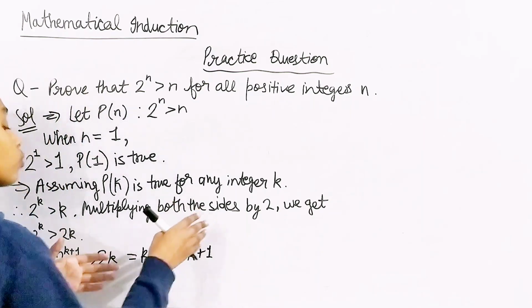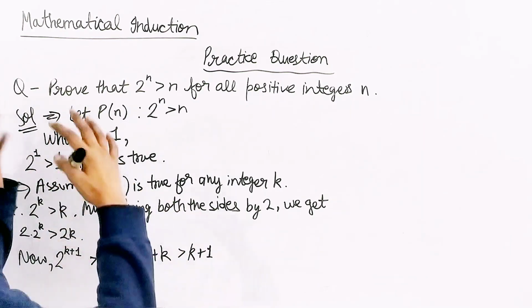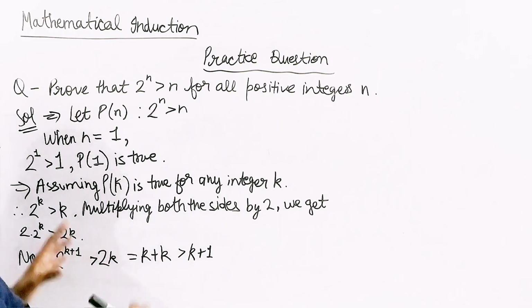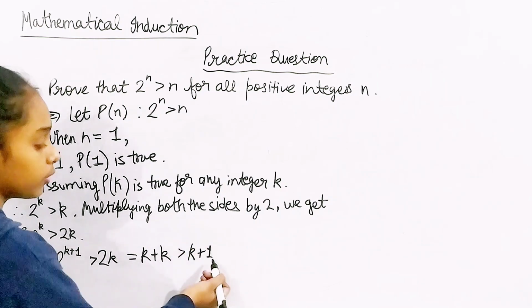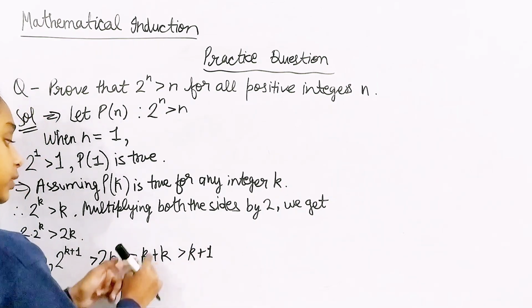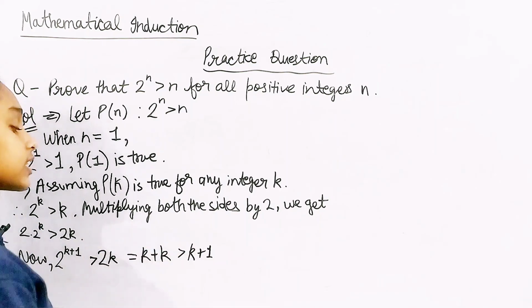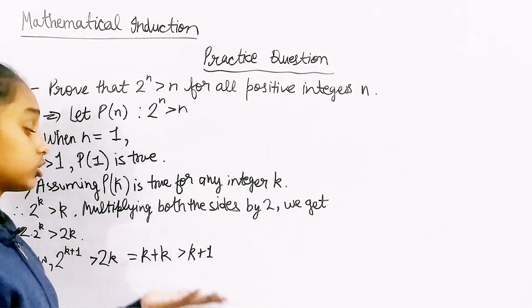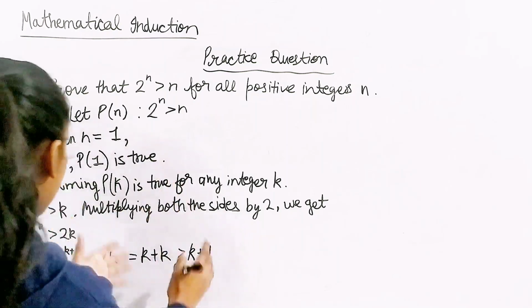So let's take a small example. Let's say the value of k is 2. So 2 plus 1 will be 3, but at this side 2 plus 2 will be 4. So 4 is greater than 3. This is how we get it.